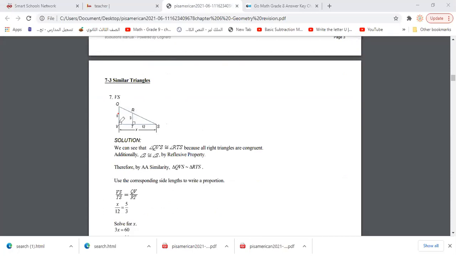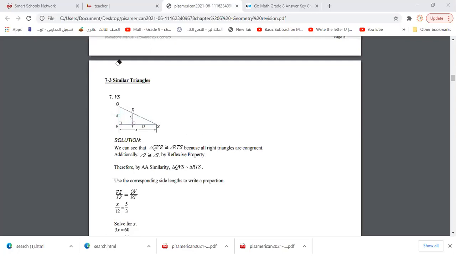Exactly. You can note that we have V and T as corresponding angles, and angle S is a common angle. Then the two triangles are similar. Then QV over RT equals VS over TS, then QS over RS, and then we will substitute.